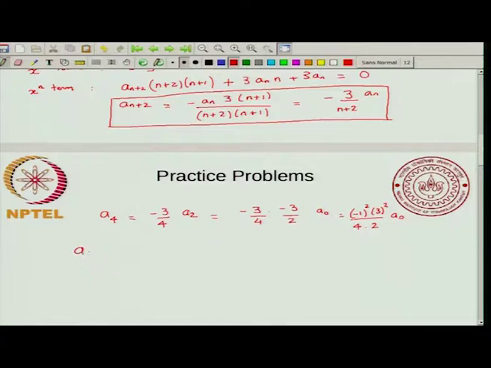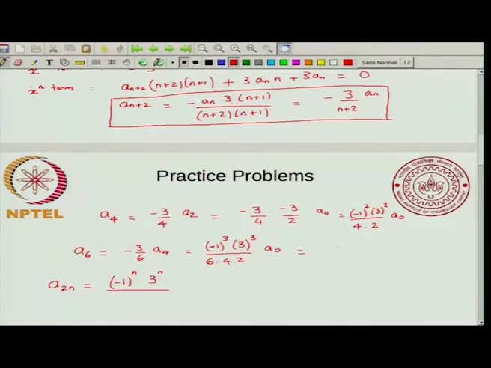Similarly, I can write a6 as minus 3 by 6 a4, and then if I use this relation, what I will get is minus 1 cube 3 cube divided by 6 4 2 a0. So in general you can write a2n as minus 1 raised to n, 3 raised to n divided by, I can factor the 2 here.